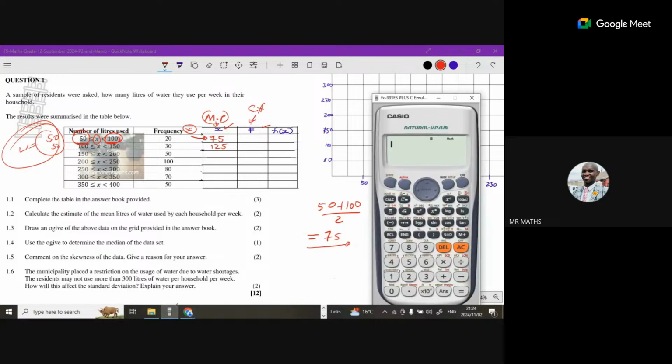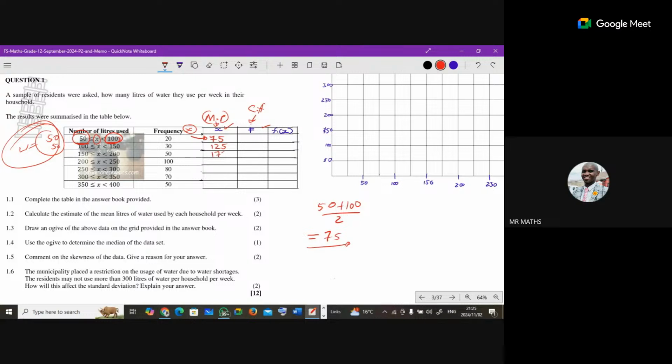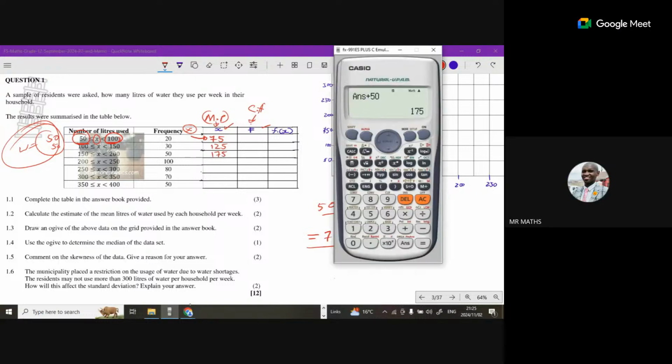Okay, so what we are saying is that since now you got 75 kweyokuqala, to get the second one, uzothi plus 50, because you notice that width is 50, so you are getting 125 plus 50 again, you are getting 175. Do you see that? Then press equal again, niku 225.